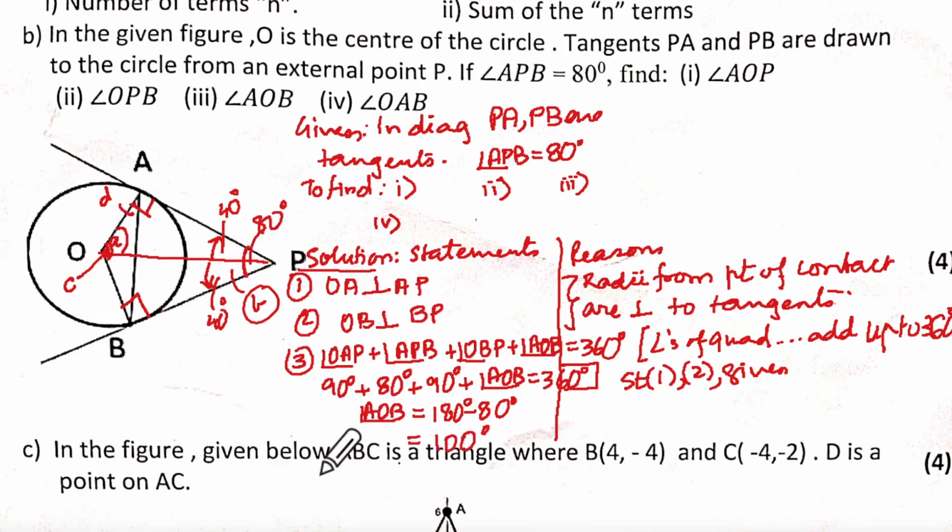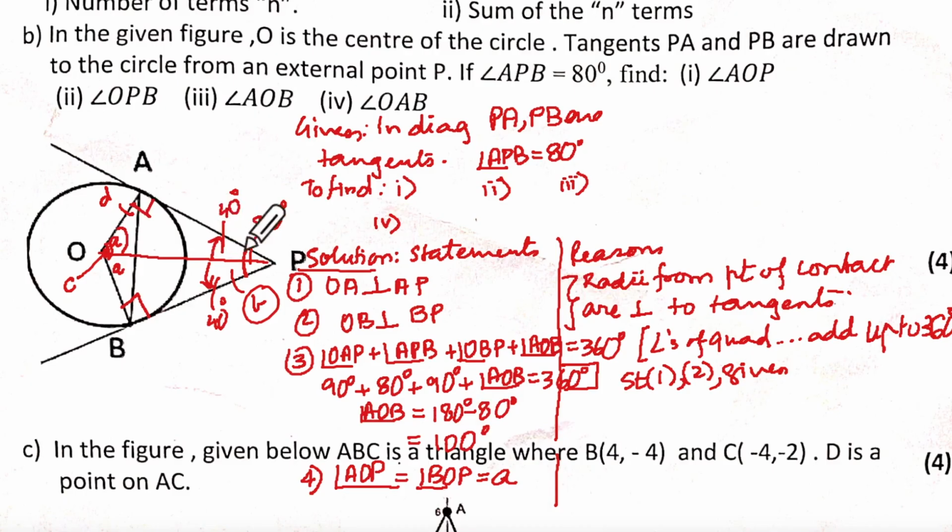Okay? Now, the fourth one, I'm going to say AOP. Write this very carefully. Angle AOP equal to angle BOP, and I'm going to call them as A. So I'll write this also A, and here the reason will be that tangents from external point subtend equal angles at the center.